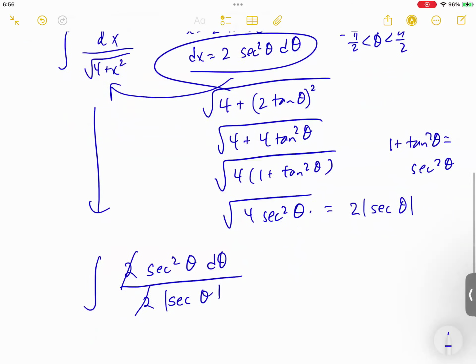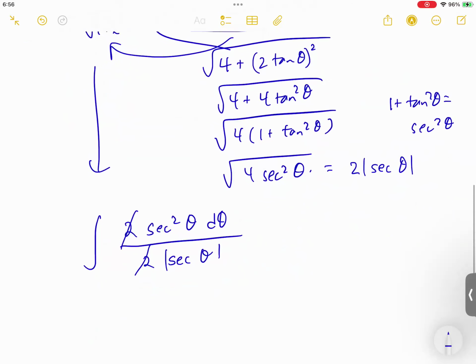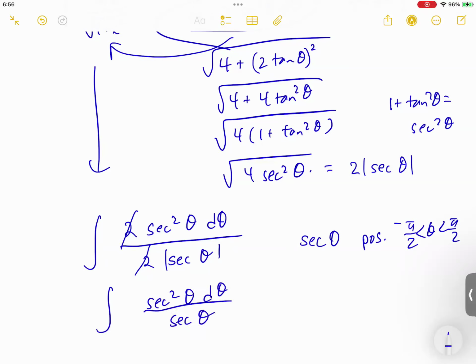We see 2 cancels out. And we also note that in our case, we're looking at secant theta, but this is positive for our domain. We have negative pi over 2 less than theta less than pi over 2. So we can rewrite that as secant squared theta d theta over secant theta, which is the same thing as the integral of secant theta d theta.